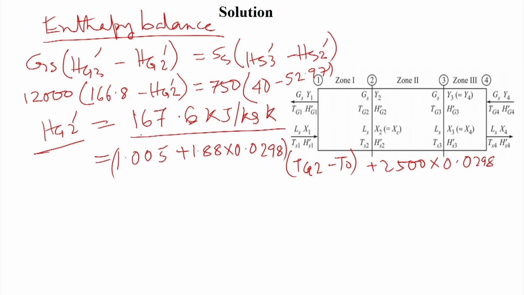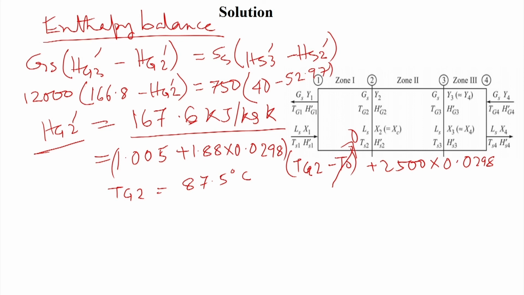So, from this equation, 167.6 is equal to that, and we will be getting Tg2 equal to 87.5 degree Celsius. So, we have Tg2.